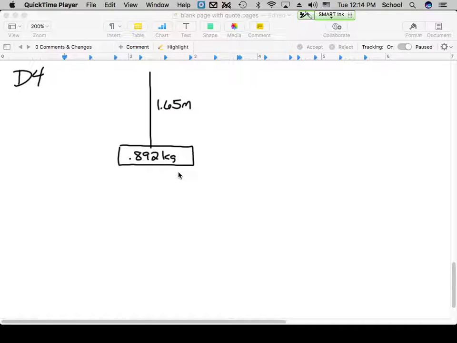And then we have a rifle that is shooting a bullet. The rifle is 3.96. That's a heavy rifle. And we have a bullet that is 0.00239.